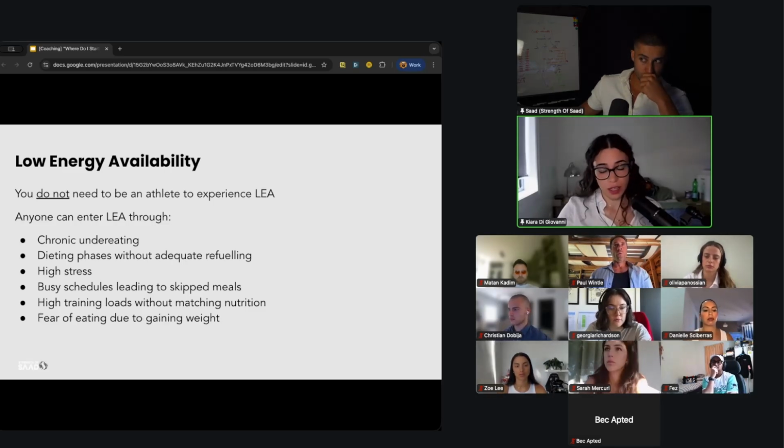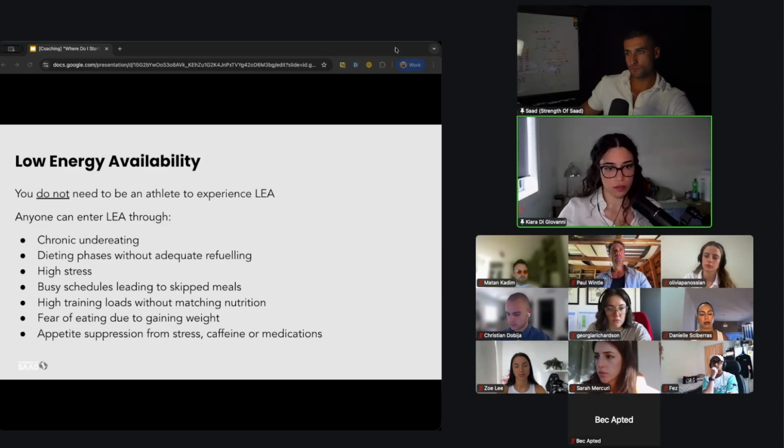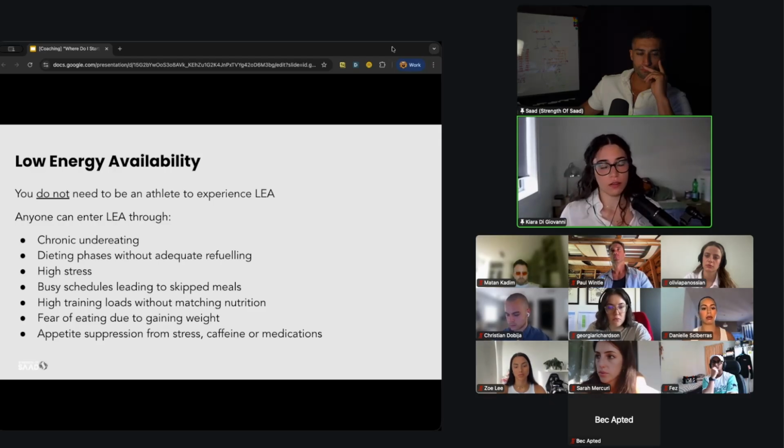Big one, fear of eating because of gaining weight, and then just general appetite suppression from stress or caffeine or medications.